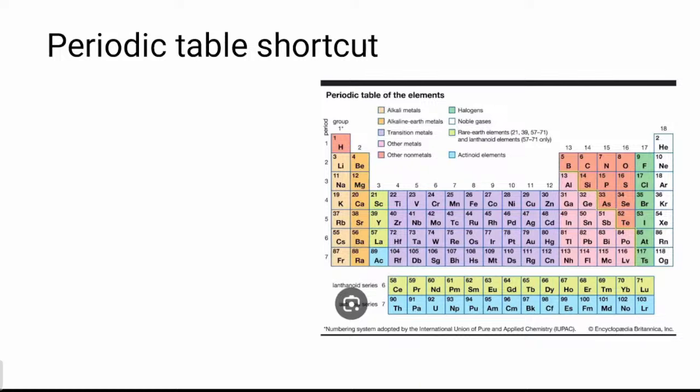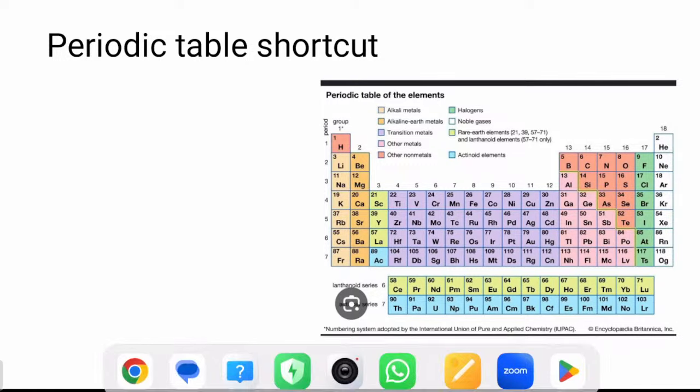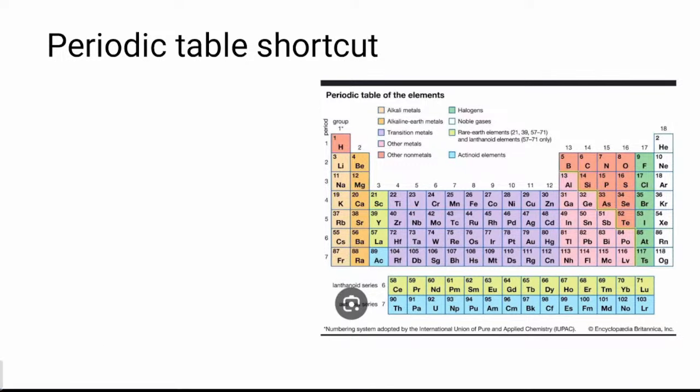For mnemonics, let's consider the S block elements, group 1 elements: H, Li, Na, K, Rb, Cs, Fr.